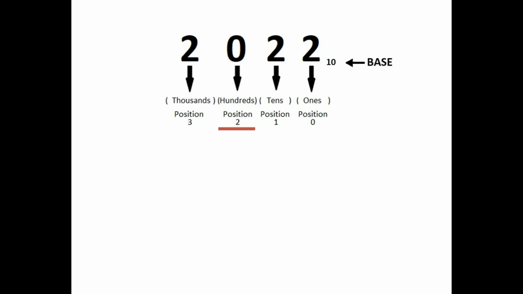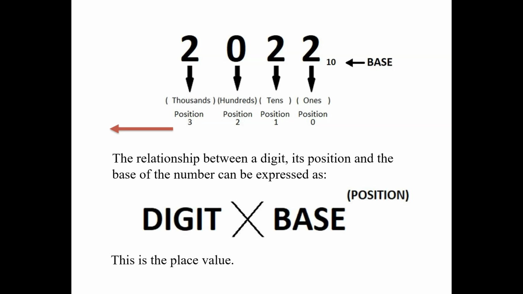It is times 100. And then times 1,000, and so on. Based on that, we can see that the relationship between a digit, its position, and the base of the number is digit times the base to the power of the position is the place value of the digit in that position.